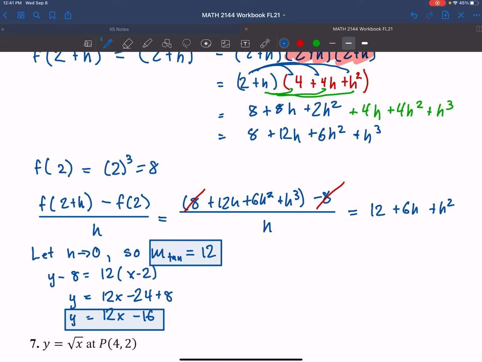So, by the way, pause and just think, does this answer make sense? If you think about the graph of the cubing function, it is just a graph that cuts through the origin like so. Like this right here is the graph. So you have 2, 8. So we're looking at this point right here.